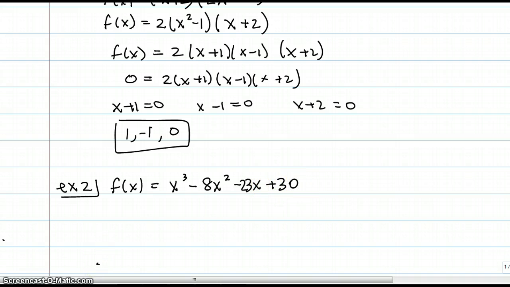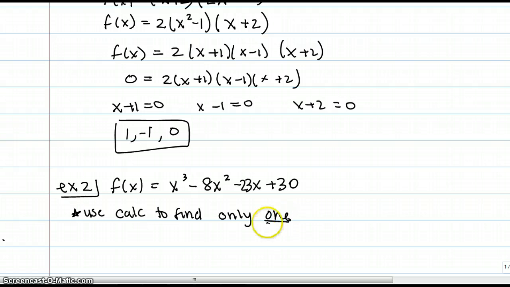We need to find all the zeros. Well, this is step 1. Use calculator to find only one zero.